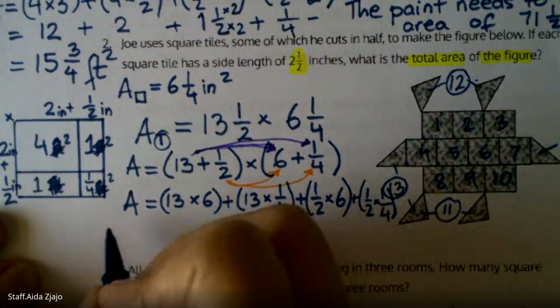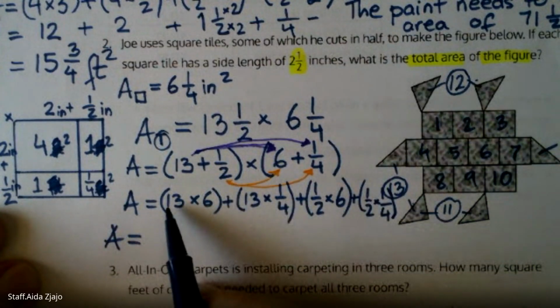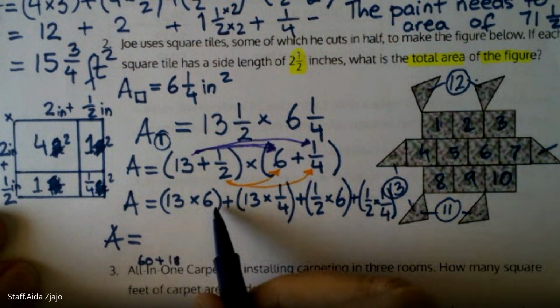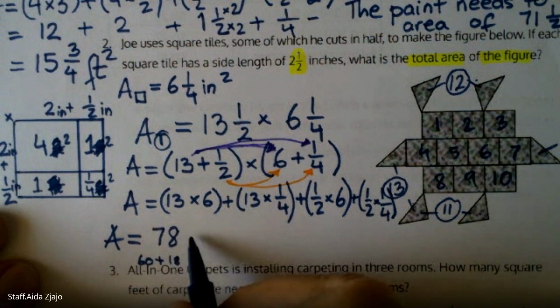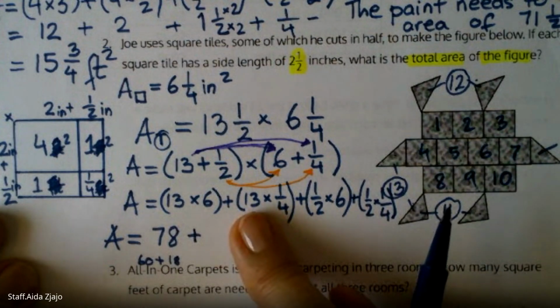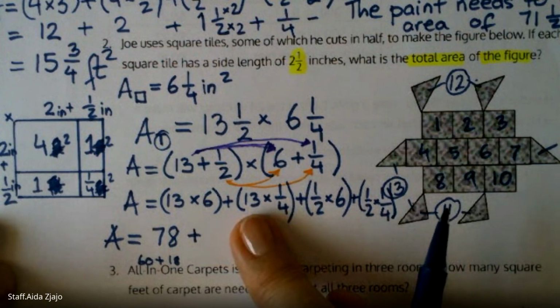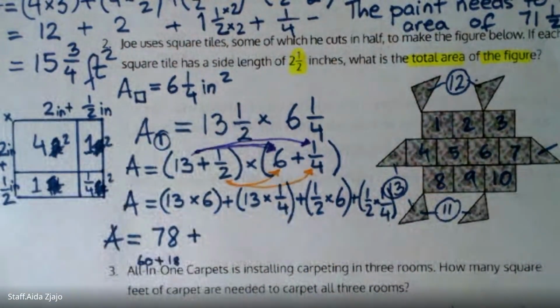All right, so area equals 6 times 10 is 60 plus 3 times 6 is 18, so 13 times 6 is 78, plus 13 fourths. Now, if you think about what is 1/4 of 13, you can say 13 divided by 4.